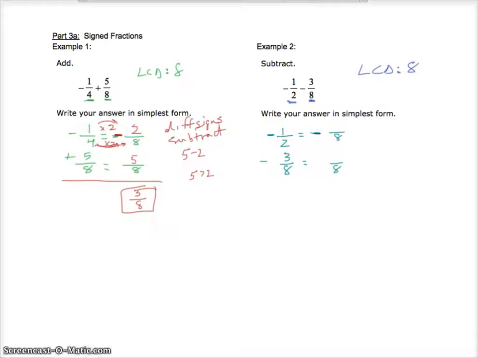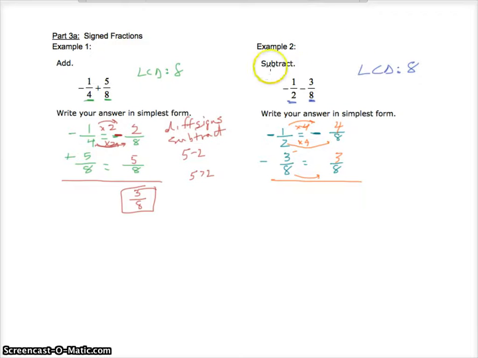Now let's first make our conversions to our LCD. So 2 to 8 is going to be by 4. So on the top it's going to be by 4. So 1 times 4 is 4. And then on the bottom nothing changes, so it's still going to be 3 over 8.